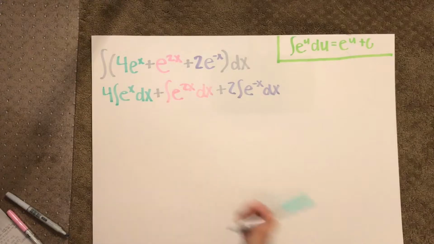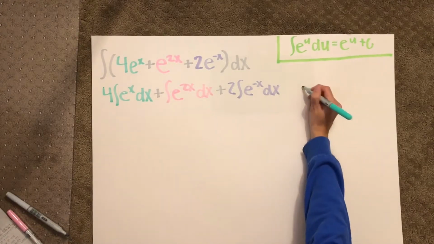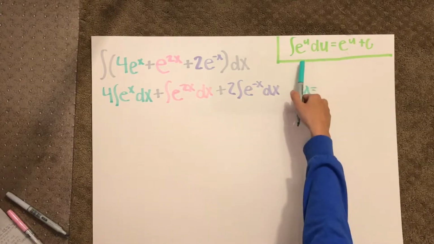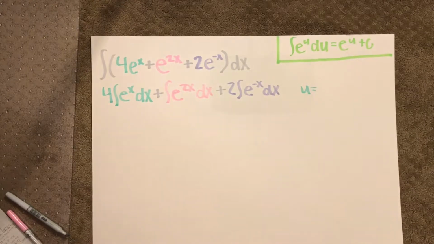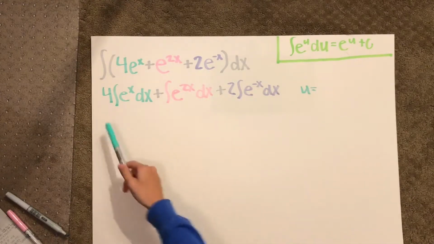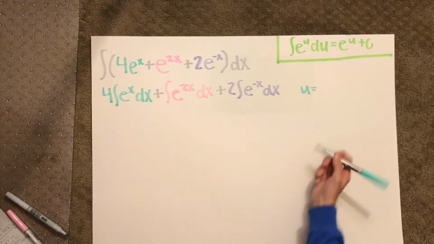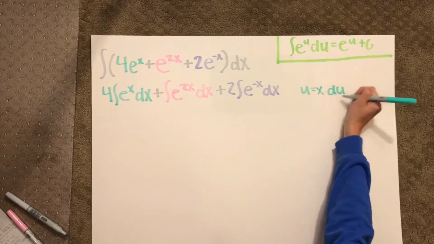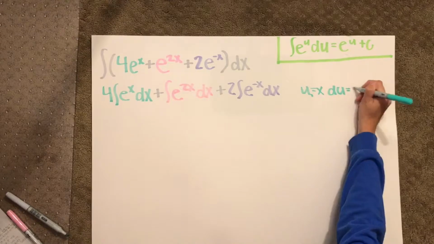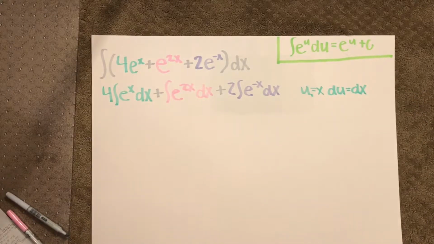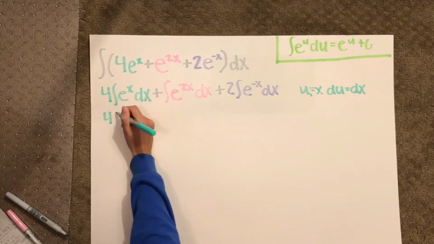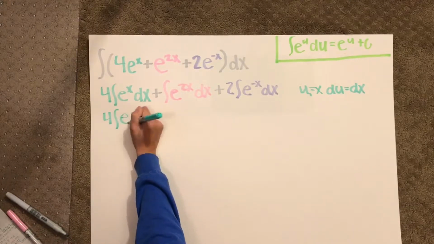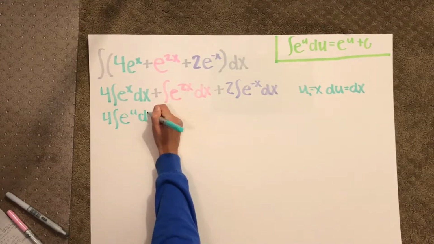For our first one, as you can see in the original formula, your u is the exponent. So in this case, your u is going to be x, and your du is going to be dx. And so we'll rewrite this as 4 integral e to the u du.